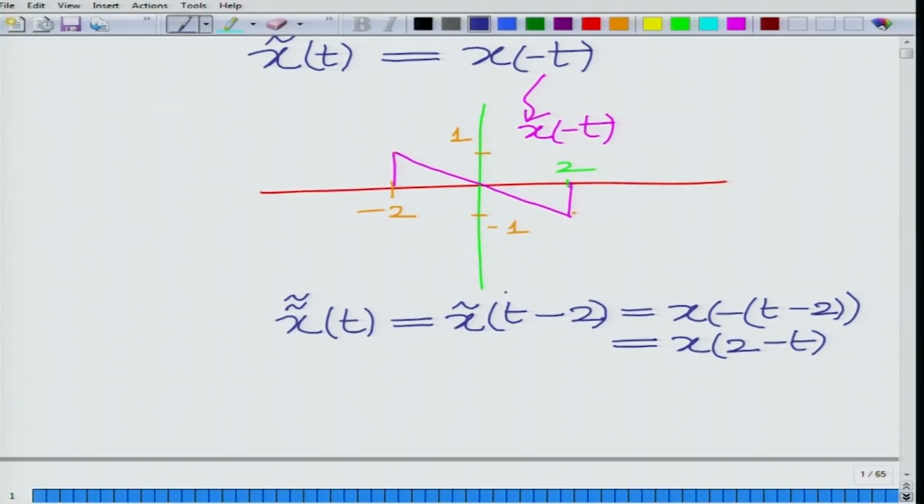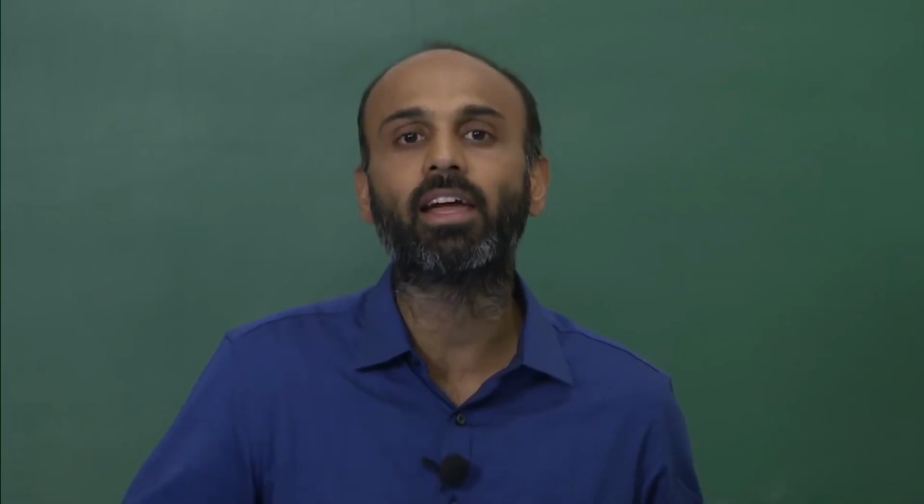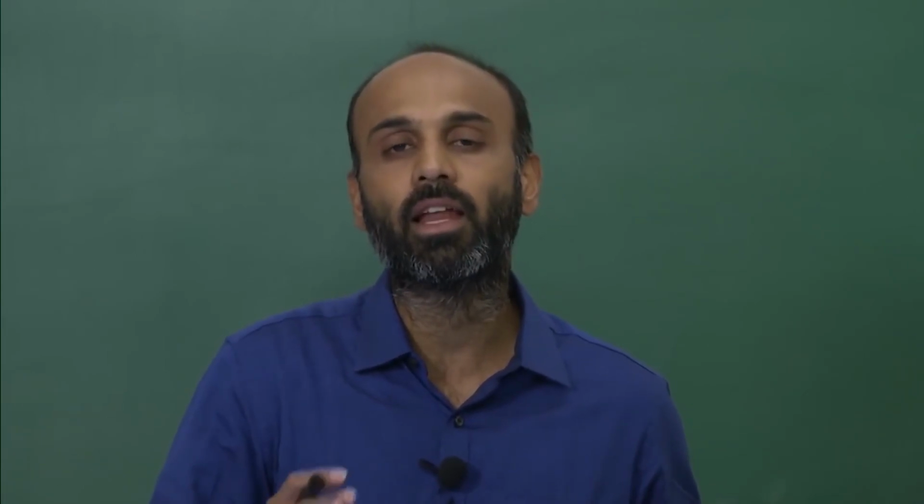But x tilde t minus 2, you can see, is simply delaying x tilde by 2 seconds. T naught equal to 2, which means I take x tilde t, that is x of minus t, and shift it to the right, delay it. Okay, delaying a signal means basically shifting it to the right.